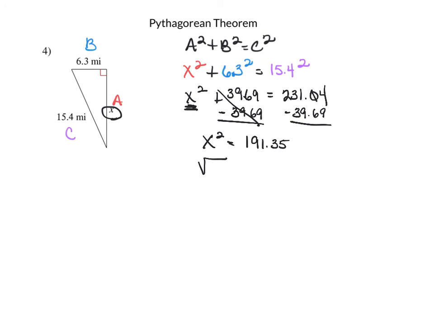So we need to take the square root of x squared and the square root of 191.35. And x is going to be equal to 13.83. And that is our answer.